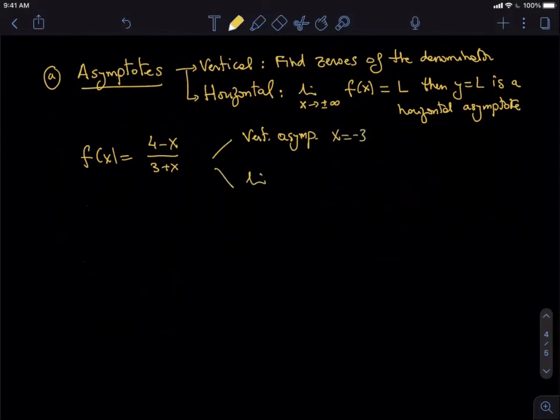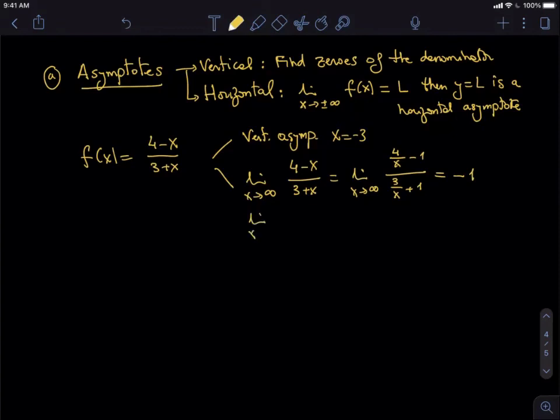And then the limit as x tends to infinity of (4 minus x) over (3 plus x) is the same as the limit of (4 divided by x minus 1) divided by (3 divided by x plus 1). Now it's clear 4 divided by x or 3 divided by x are going to go to 0, so I get -1.